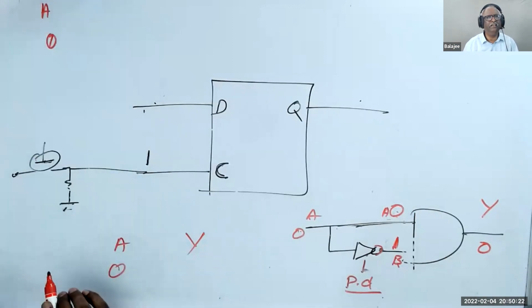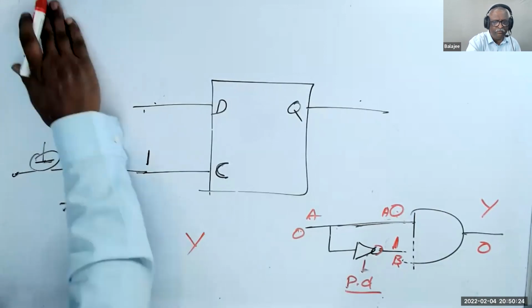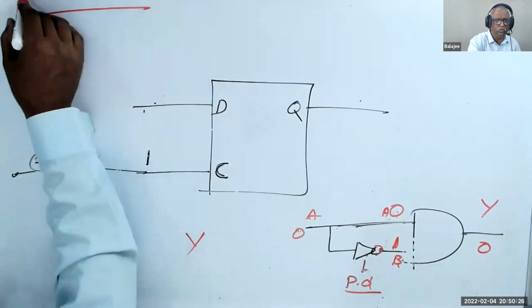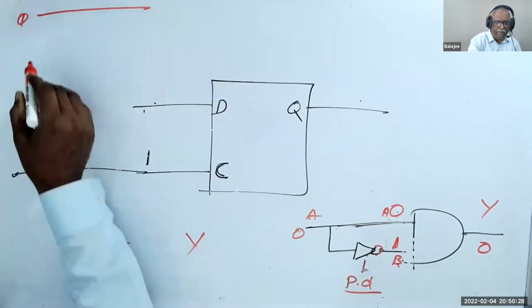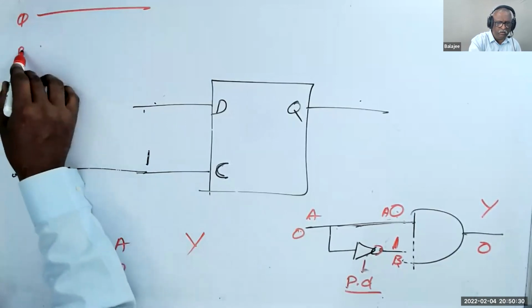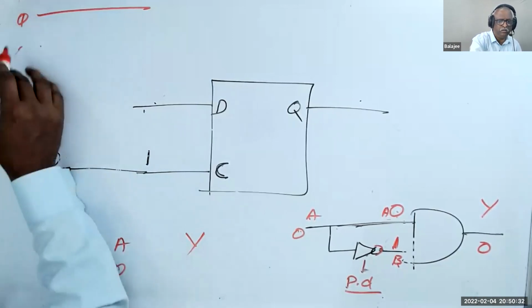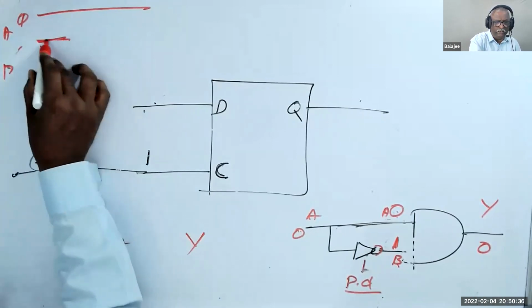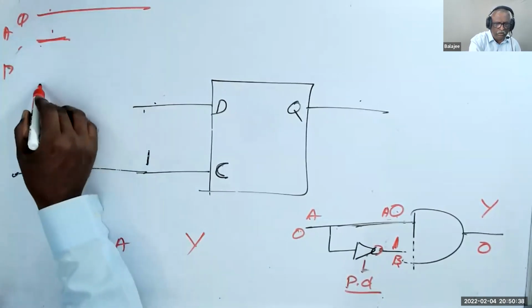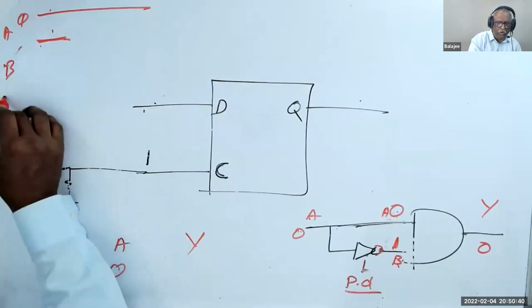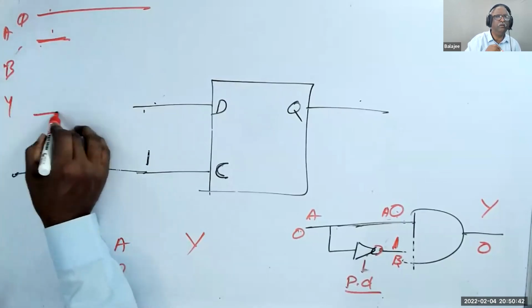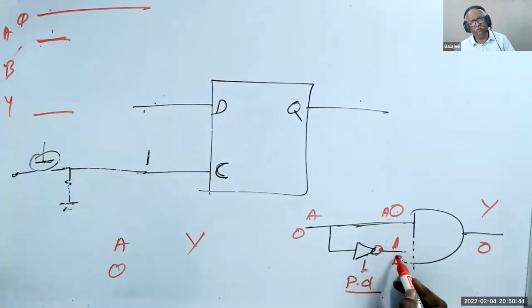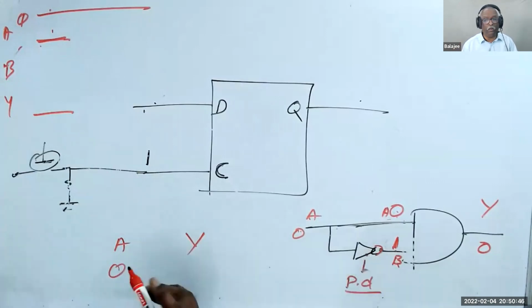But let us draw a diagram. When A is 0 and B becomes 1, Y is 0, because B is 1 through the inverter. Now what happened?